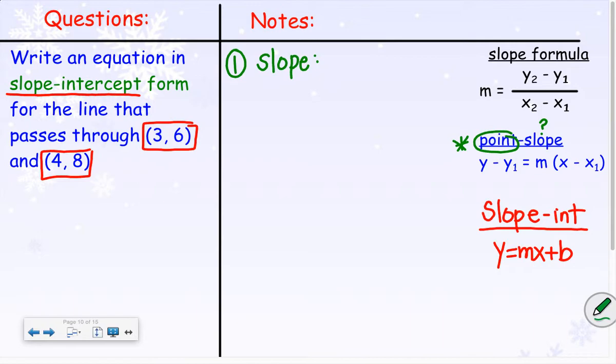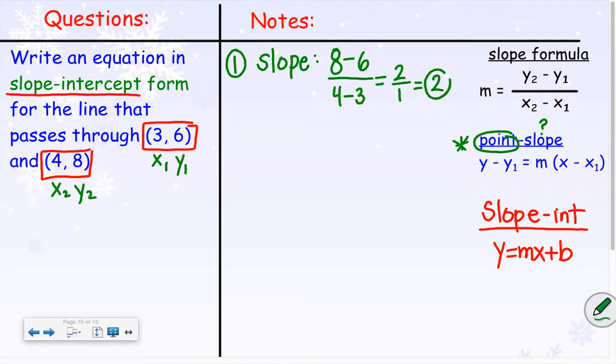Let's label our ordered pairs, x1, y1, x2, y2. So y2, 8, minus y1, 6, over x2, 4, minus x1, 3. So 2 over 1, or 2, is my slope. Now I have a point and I have a slope.